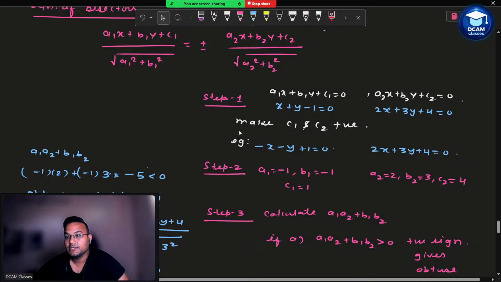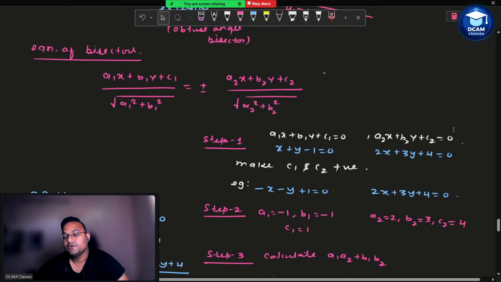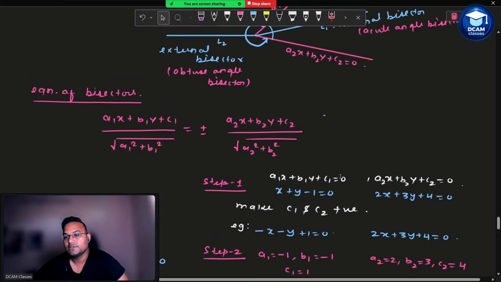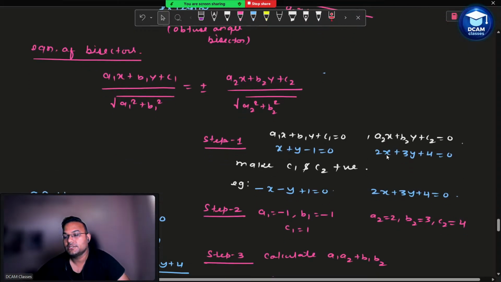Whenever two line equations are given to us, we first make the constants positive. Here x plus y minus 1 is there, and 2x plus 3y plus 4 is there. In the second equation the constant is already positive.